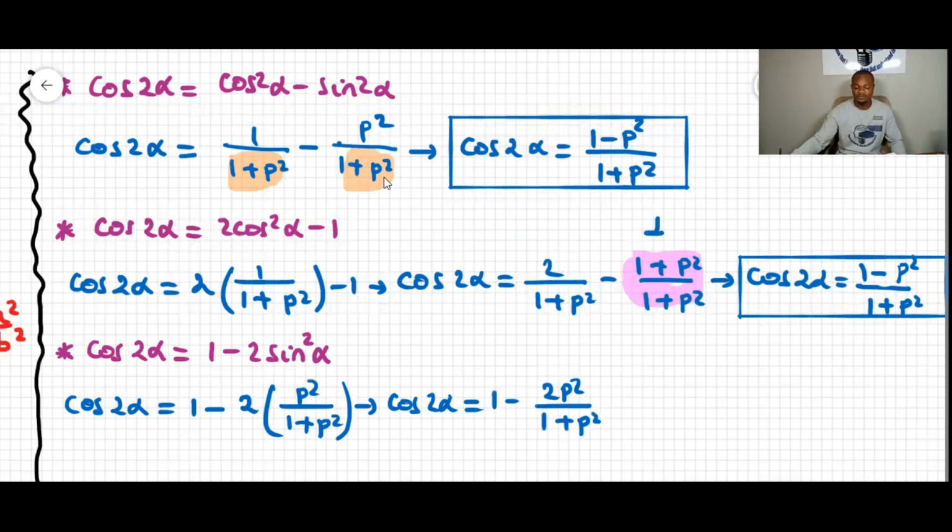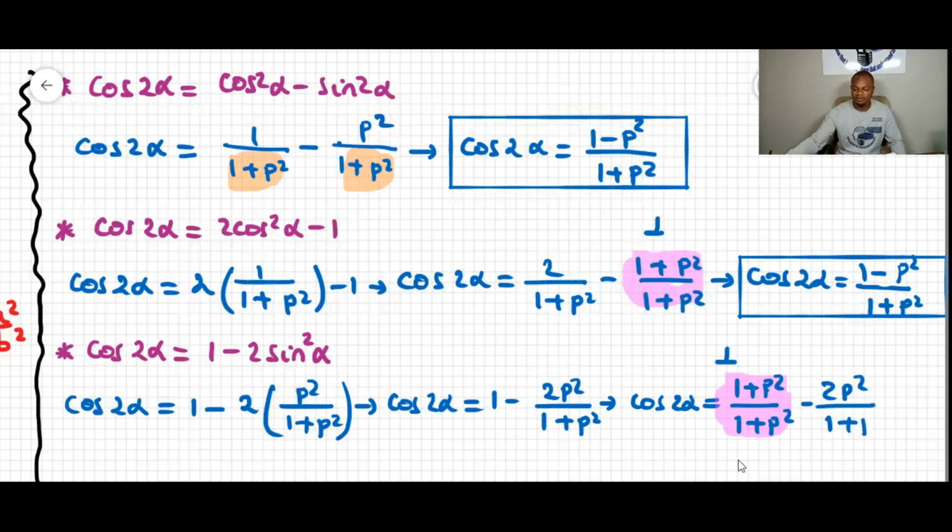Now, we can write 1 as 1 plus p squared over 1 plus p squared, because all this is just 1. Then minus 2p squared over 1 plus p squared.